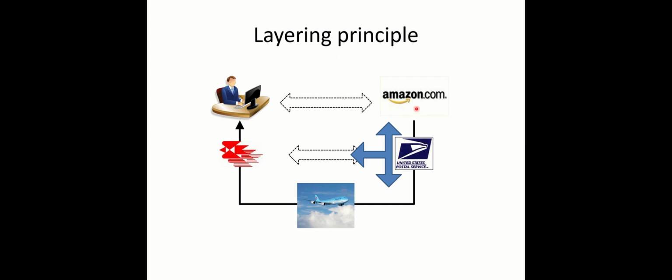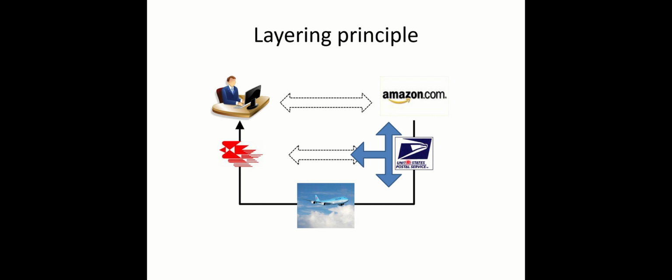What happens is that when Amazon receives my order, it gives the book in the box to, say, USPS. And the USPS moves the package that contains my book from the Amazon warehouse to probably an airport. Say it's LA airport. And that's it.